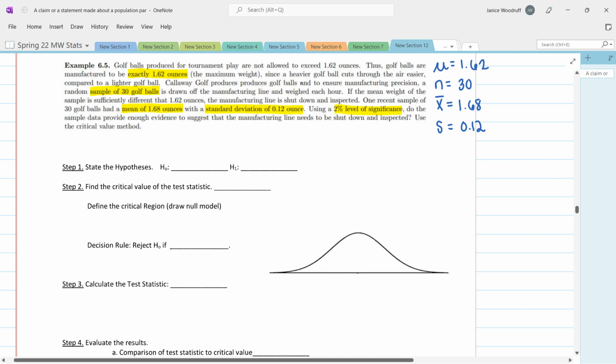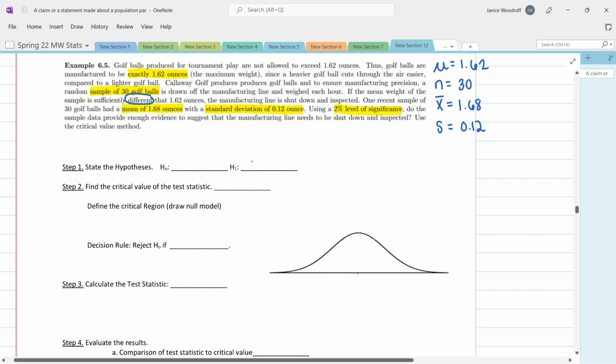All right, so this one is a little tricky with the alternative because it's not really asking, is it greater or less than or not equal? It's asking, do we need to shut down the manufacturing line? If the mean weight of the sample is sufficiently different, that's when it shuts down. So not greater than or less than, just different than 1.62. So this is a two-tailed test.